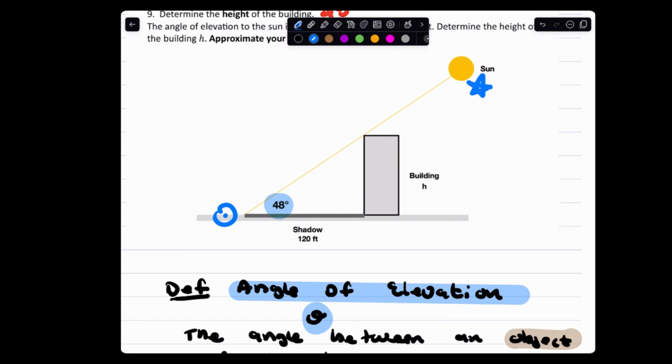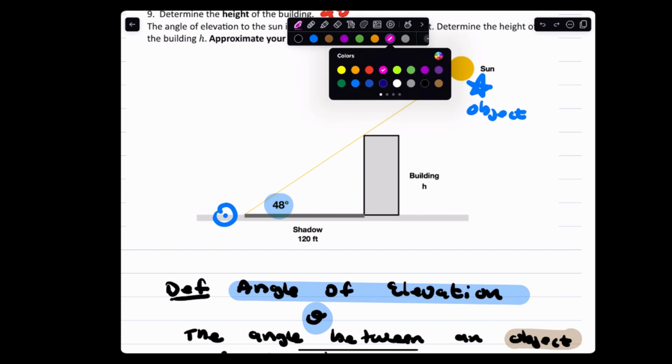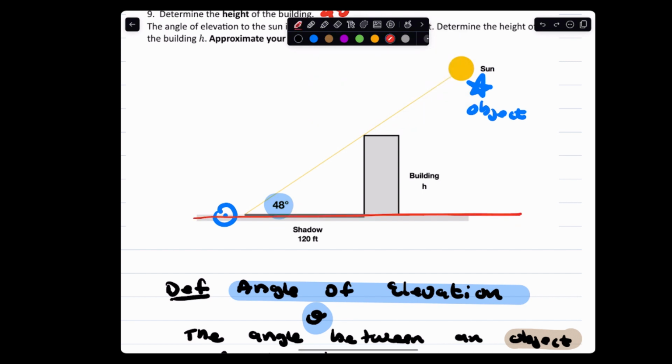And isn't that funny? The sun's a star. I colored it yellow. You guys know what I mean? This is the object. And so you might say, where's the horizontal? The horizontal is the ground. You guys see what I'm saying? Let me use maybe a pencil. So this is where your ground is. That's the horizontal.